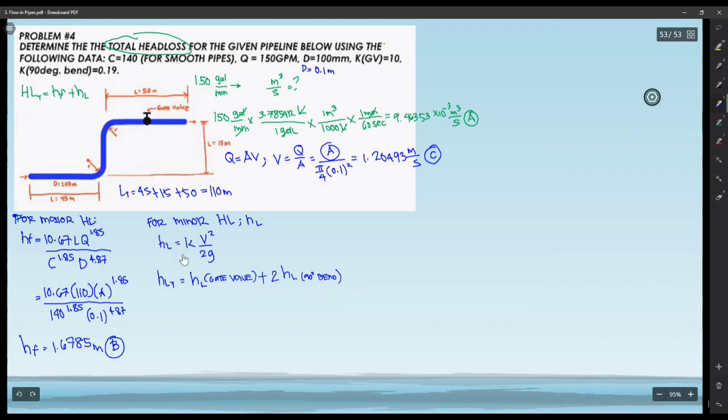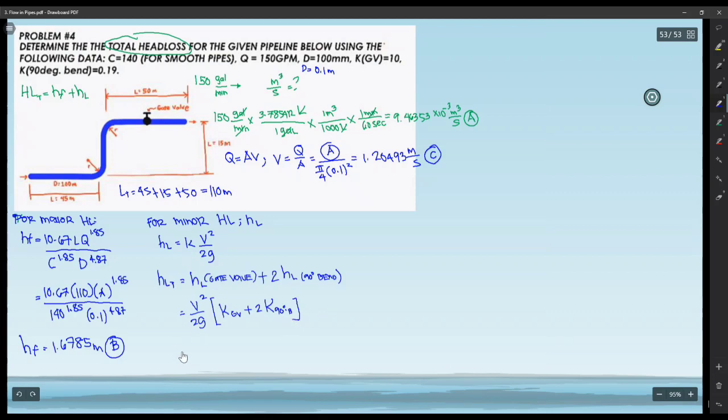Okay, so since common naman yung velocity head niya, itong v squared over 2g, pwedeng ilabas ko na lang siya. Okay? So, that will be v squared all over 2g multiplied by the quantity of K para doon sa gate valve plus 2 times yung factor or yung K for the 90-degree bend.